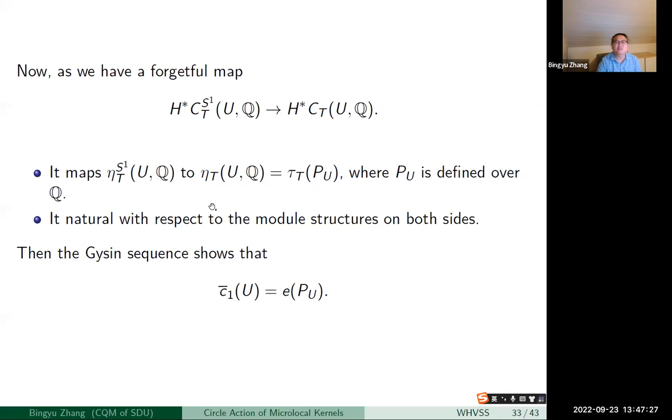The point is that by the Gysin sequence, we show that C1 is nothing but this translation shift energy. So this S1 equivariant capacity is nothing but some S1 equivariant lifting of a shift energy.